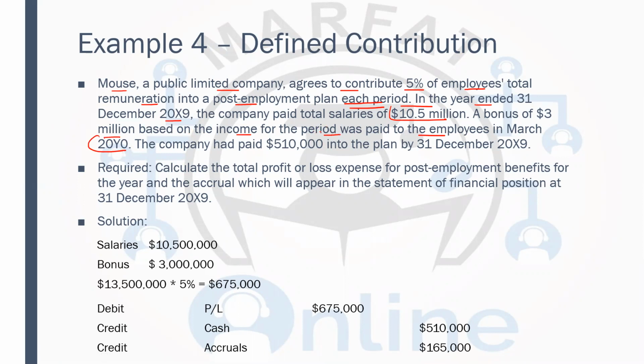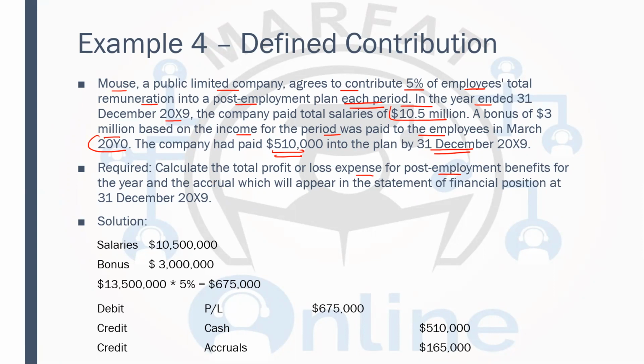Okay, so salaries are 10.5 million. The bonus is 3 million. The company had paid 5,10,000 into the plan by 31st December 20X9. Required, calculate the total profit or loss expense for the post-employment benefits for the year end and the accrual which will appear in the statement of financial position.